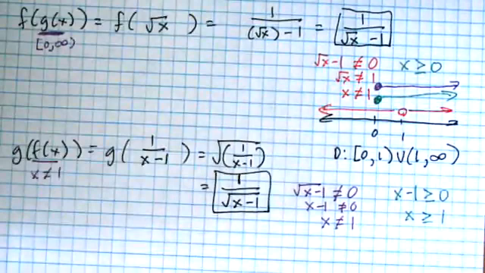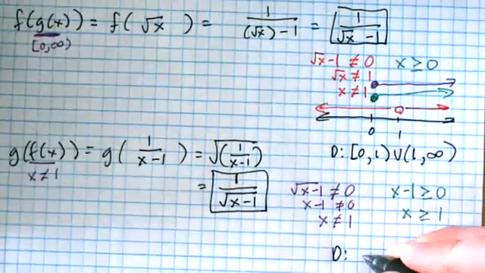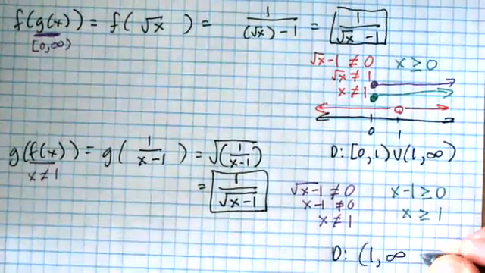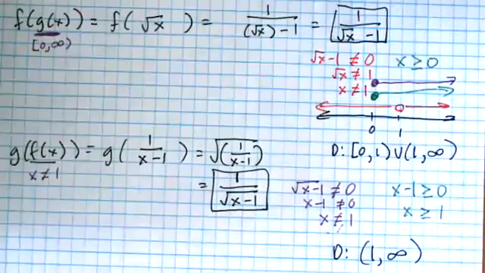You could sketch those two things, but I'm pretty confident saying that that's just x is bigger than 1, but not equal to 1. So my overall domain would be 1 to infinity, but not including 1. And if that doesn't pop out at you, just go ahead and sketch these two things, find the overlap. So there's 18.